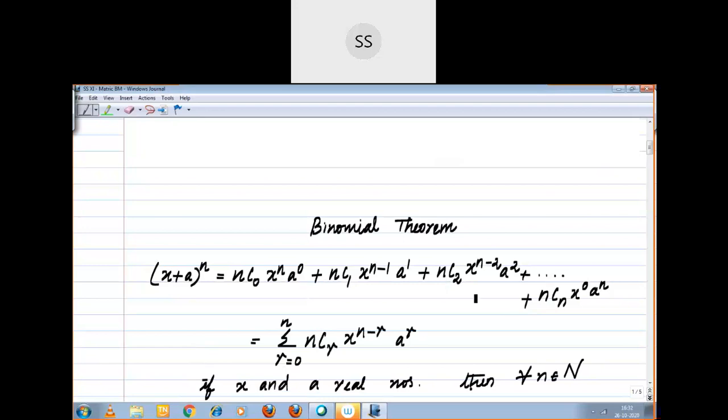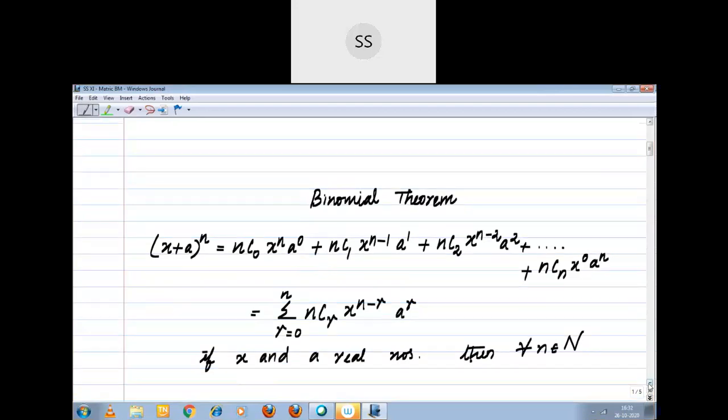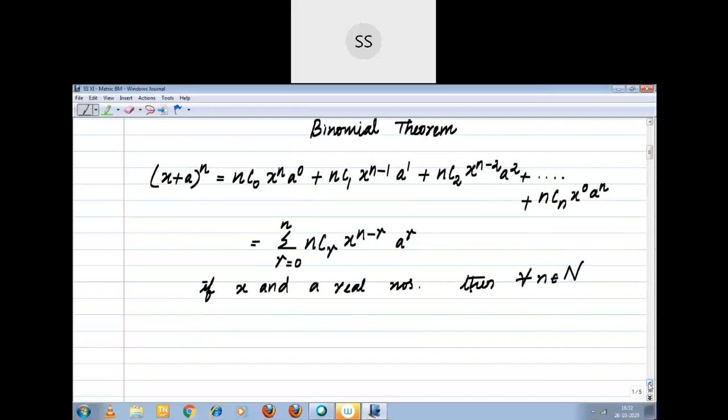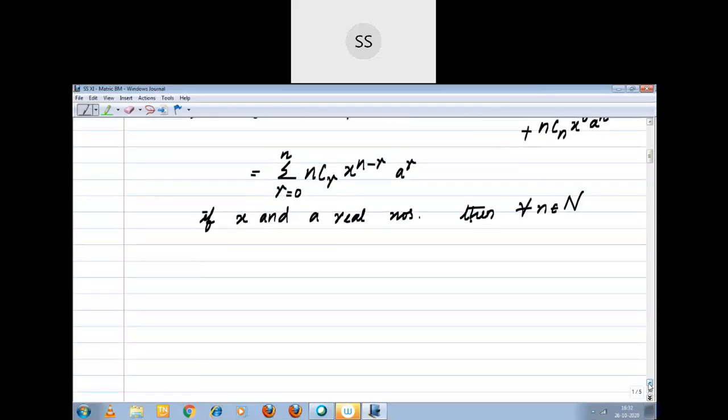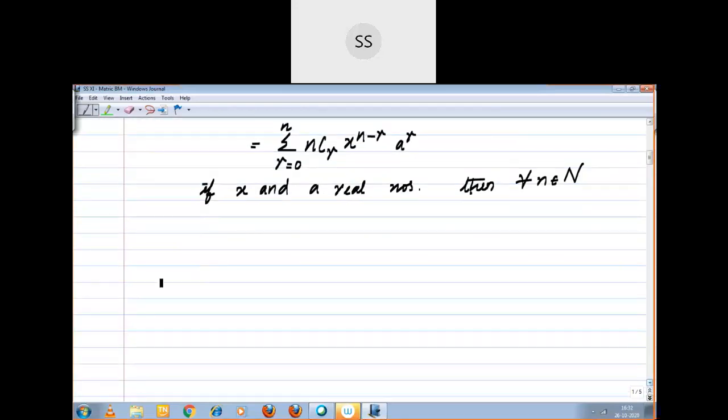Now we are going to see exercise 2.6, right? Using the binomial theorem, we are going to evaluate the problems given in exercise 2.6. Exercise 2.6, expand the following by using the binomial theorem.